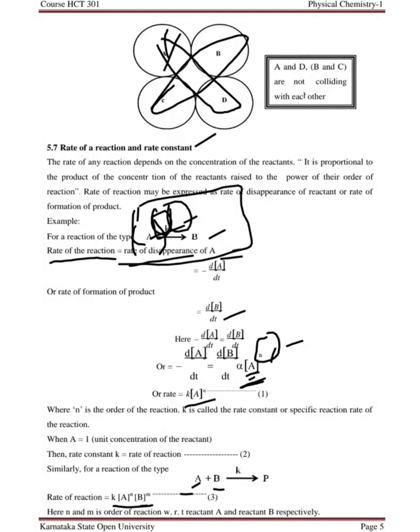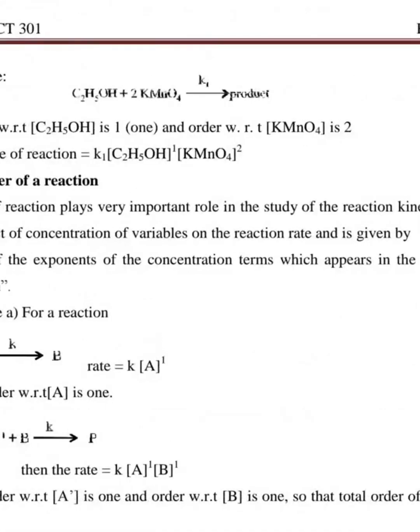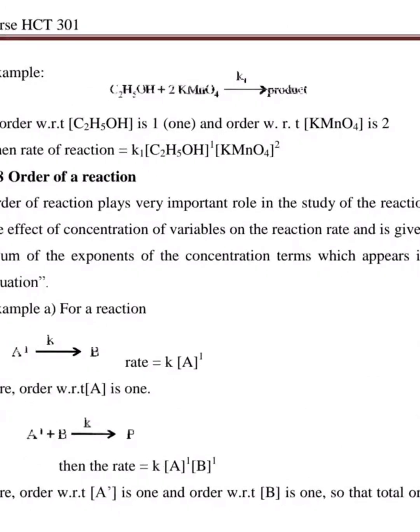So, for example, in this step, here we are taking ethanol, C2H5OH, with 2 moles of potassium permanganate, giving the product. What is the product we'll get?